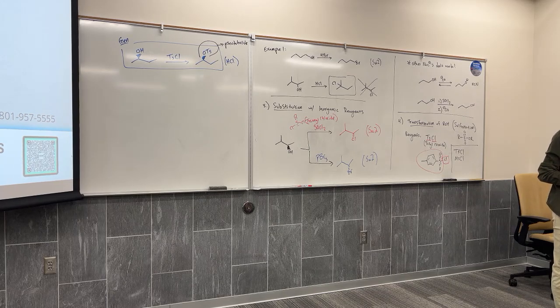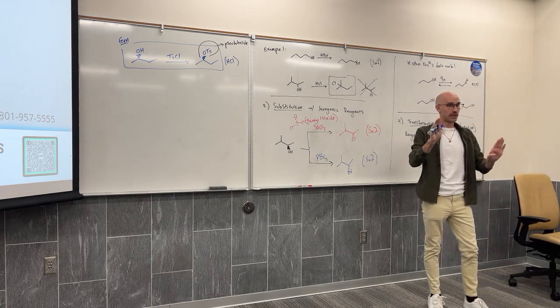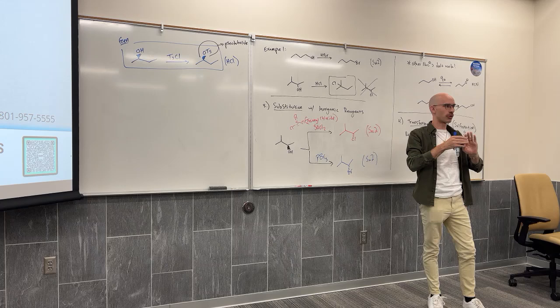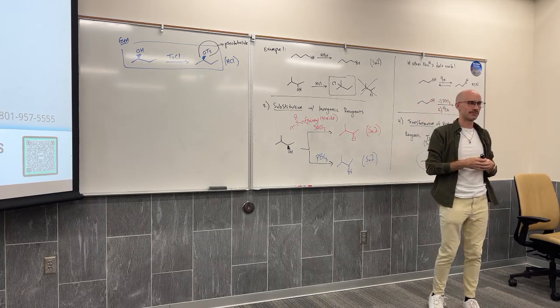Trick question. It's not. You're not substituting the carbon. So it's not SN1 or SN2. This is transformation of an alcohol. Got ya. If anything, this would be like sulfonyl substitution, which despite potentially being first order or second order, wouldn't be classified as SN1 or SN2.